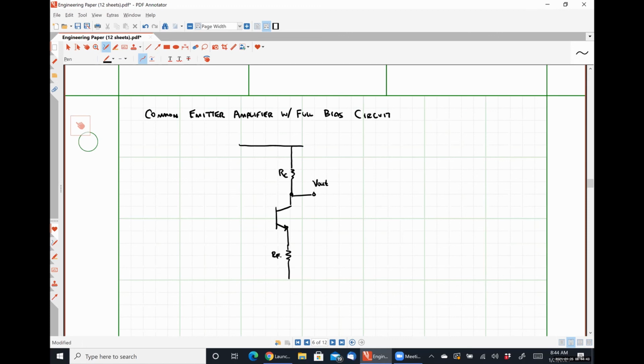Here's our emitter resistance. And then here, I have that resistor R1. Here's that resistor R2.